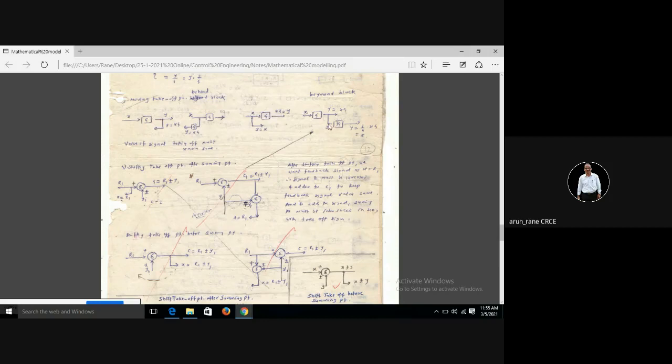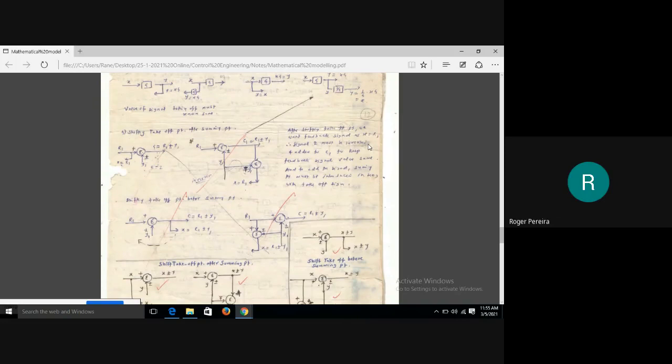Now I shifted my takeoff point here. I must get my output y is equal to x only. So here what did I do now, I added a block 1 by g. So y is equal to xg is this. So I can take off here 1 by g. Okay, so 1 by g into xg, that is nothing but the x.